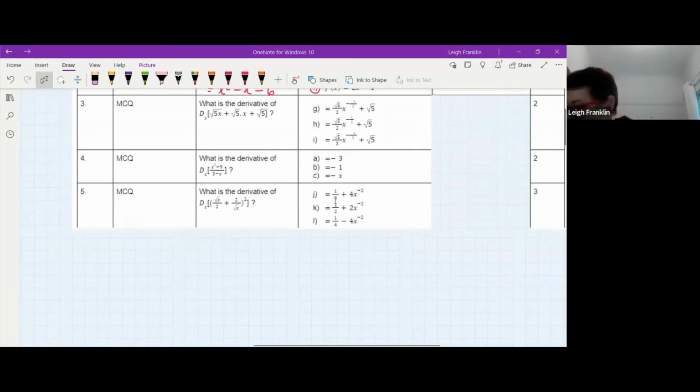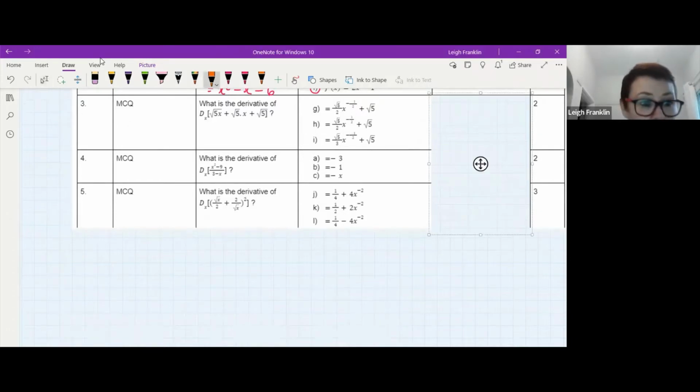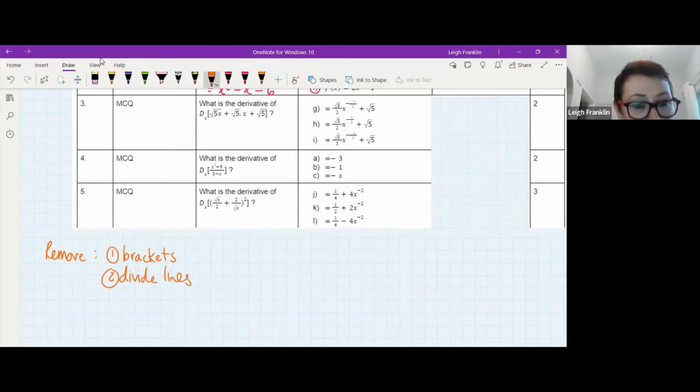Now, when we are differentiating, remember what we need to remove. We always have to remove number 1, brackets, number 2, divide lines, and number 3, radicals or roots.